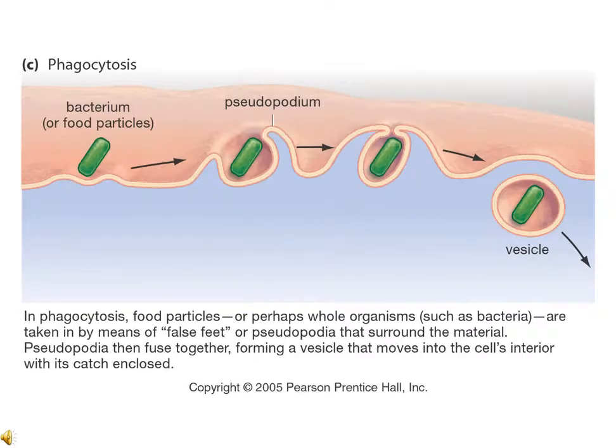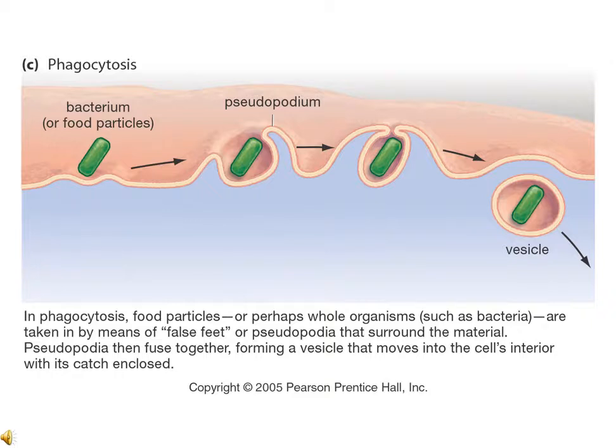Now, finally, we get to a process called phagocytosis. In phagocytosis, we are looking at a process by which an amoeba would engulf a complete organism and eventually digest it and utilize its nutrients.